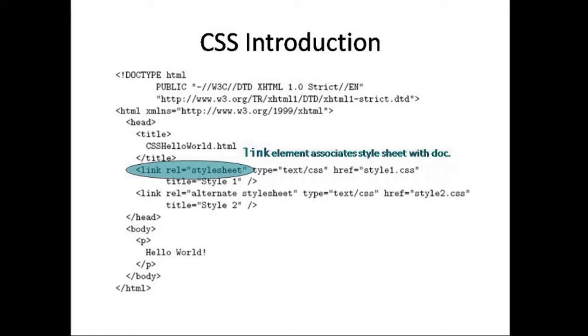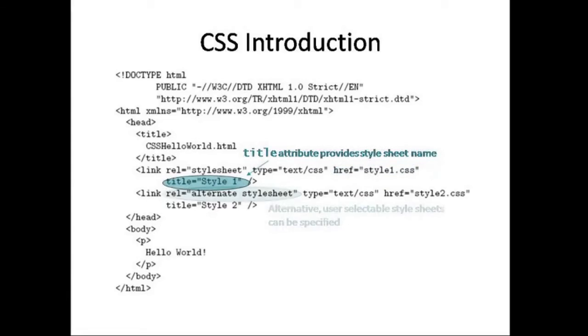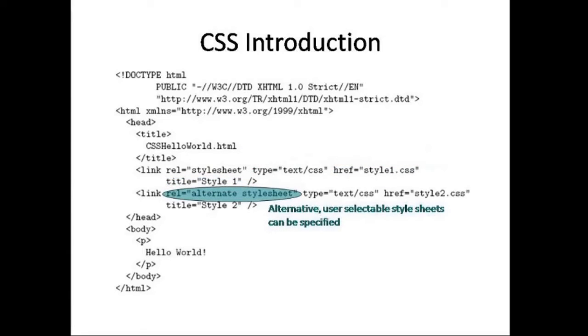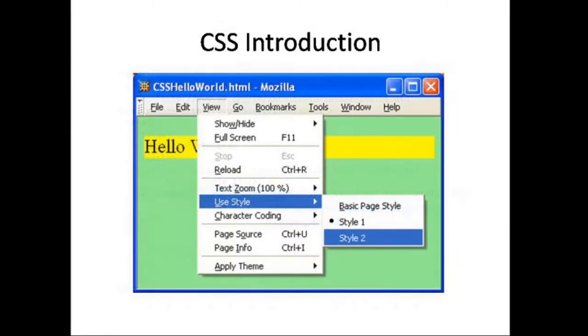In the type you have to specify text/css, and in the href you have to provide the file path of the CSS file. If in case your file cannot be joined, it will represent the alternate text as to what you have to write in case your file is not attached.